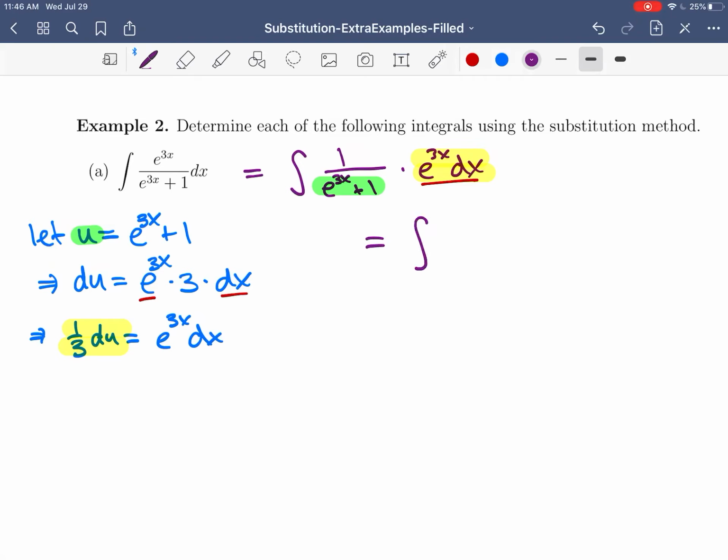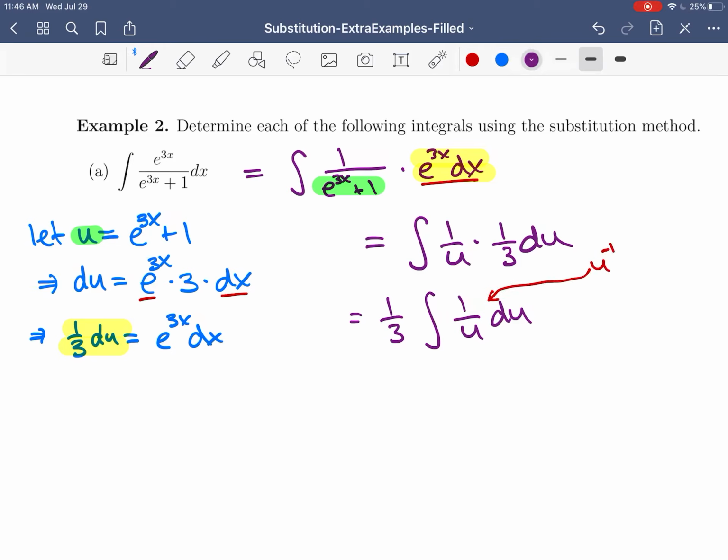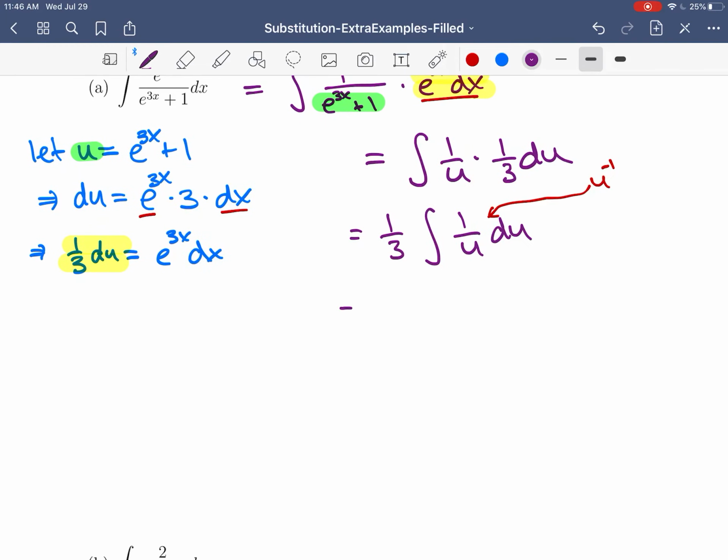So my integral is going to get easier now. It's 1 over u times 1/3 du. The 1/3 can come out because it's a constant. So it's 1 over u du, or u to the minus 1 if you prefer. It is a power of u, but this is the one power where we can't use the power rule. We want to remember what has derivative 1 over u, and it's actually ln absolute value u plus our constant.